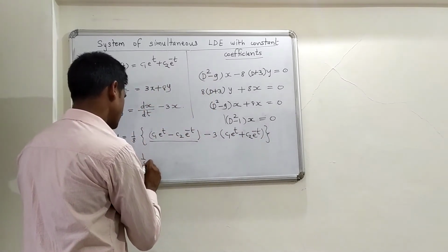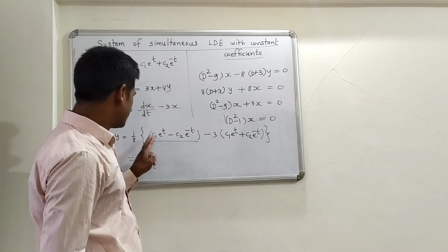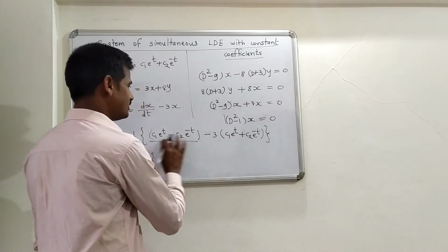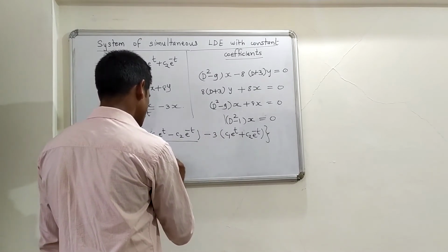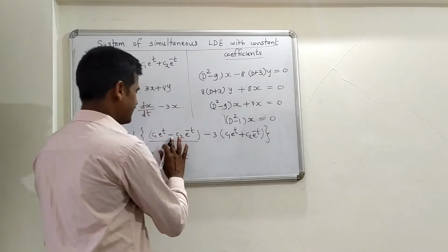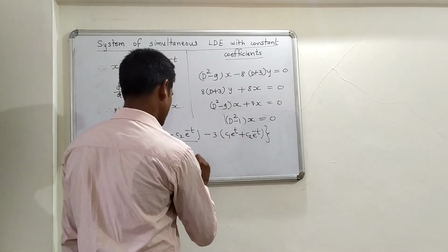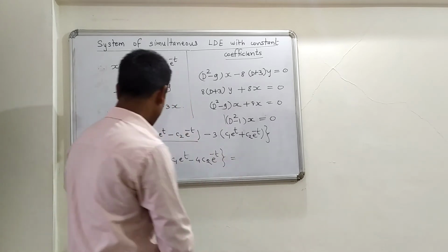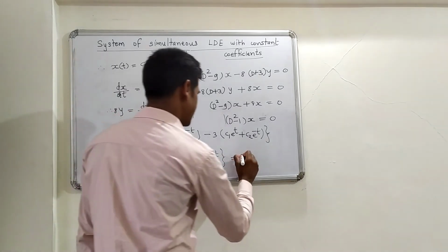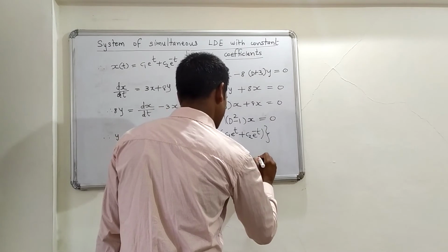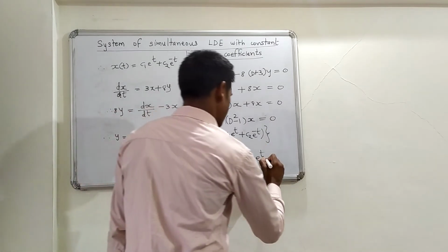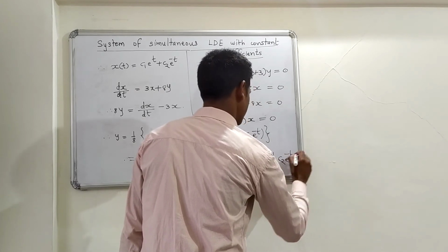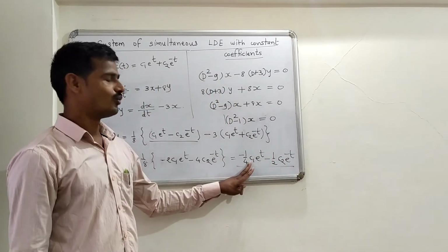So this is equal to 1/8 times c1 e^t − 3c1 e^t, so c1 − 3c1 is −2c1 e^t, and −c2 − 3c2, so −4c2 e^(−t). Multiplied by 1/8, you will get −1/4 c1 e^t − 1/2 c2 e^(−t). So this is your value of y.